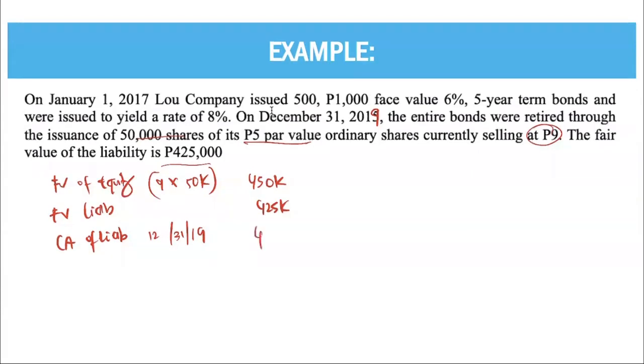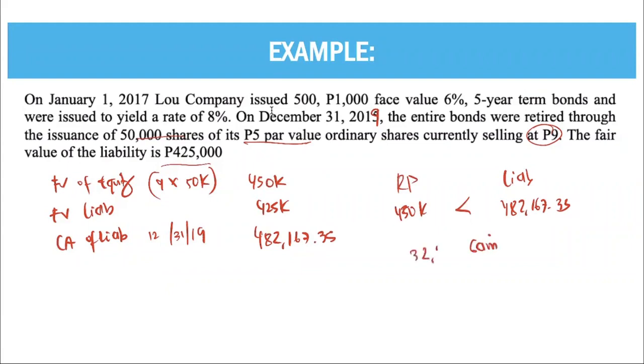So the carrying amount of your liability is 482,167.35. This is the liability, 482,167.35, and this is the retirement price, 450,000. So the retirement price is lesser than your liability. If it's less, we have a gain. So how much is our gain? 32,167.35. Okay? So December 31, 2019.